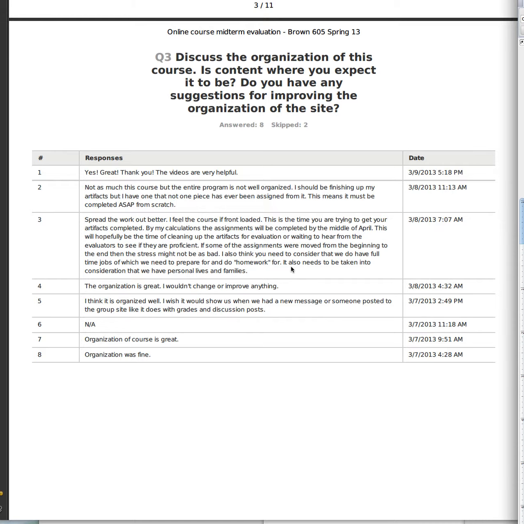Finally, this person says to consider that you have full-time jobs and that you have personal lives and families. I want to assure you all that I'm aware that you have full lives outside of the course, as individuals have contacted me about specific concerns that have happened throughout the semester in terms of their personal lives. I hope you've all found me accommodating and flexible.